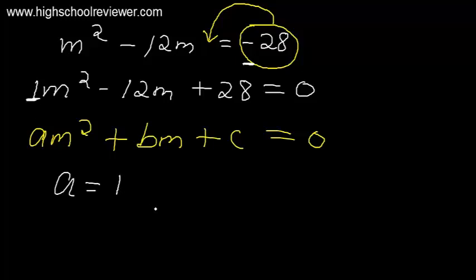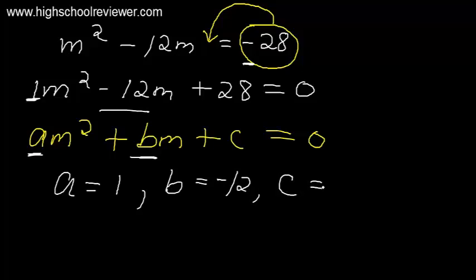So our a is equal to 1. And our b here will be the numerical coefficient of our second term. This is negative 12. And our c is our constant, or the third term. This is positive 28.